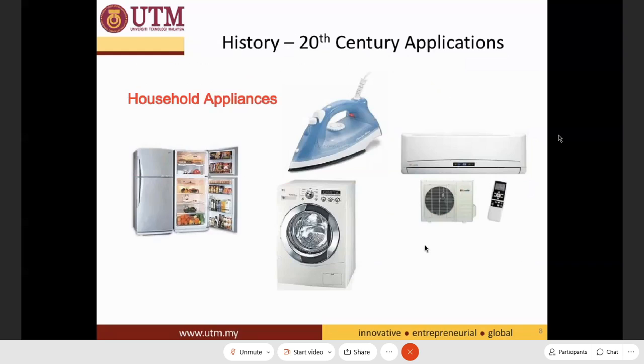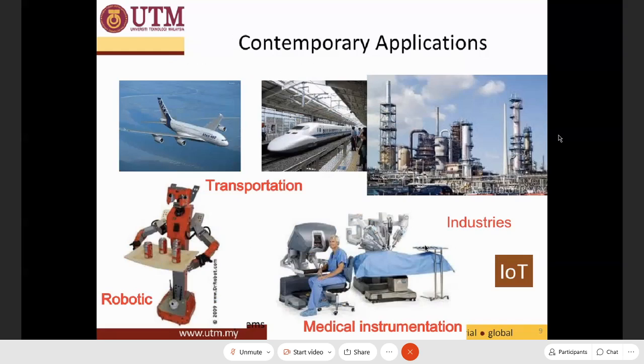So finally we can do some designing after this. Okay, so maybe we have the control system in transportation, in industry, in mechanical instrumentation, in robotics.